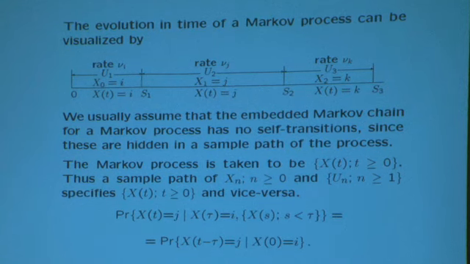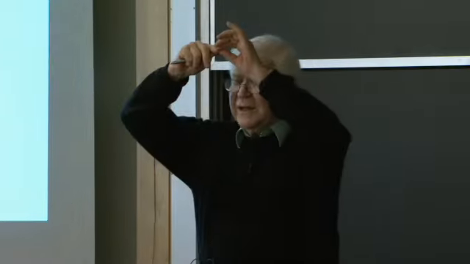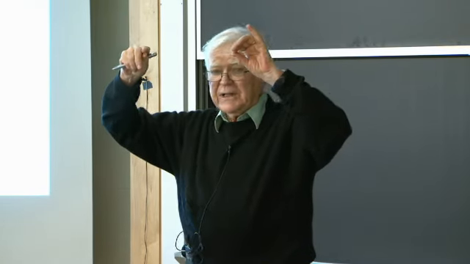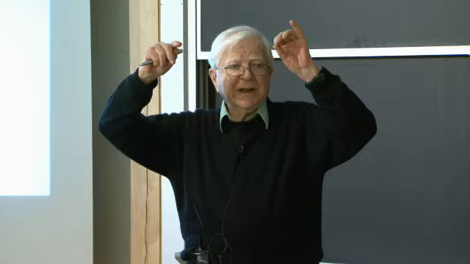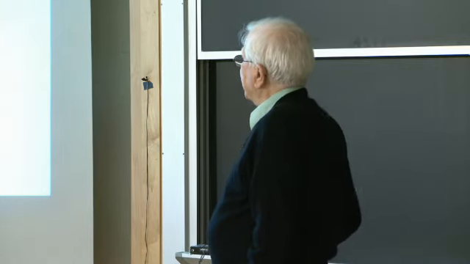You don't see it. It's a totally invisible transition because you're sitting in state i, you suddenly have a transition back to i. It takes 0 time, so you stay in state i. You can put that transition in or you can take it out. It doesn't make any difference. It won't affect the process at all.